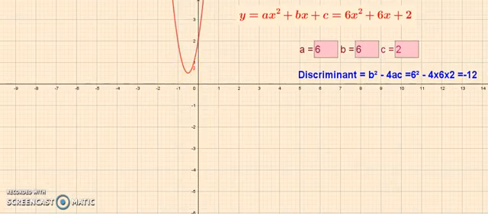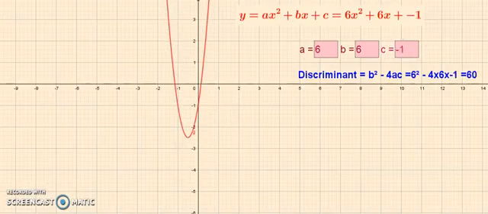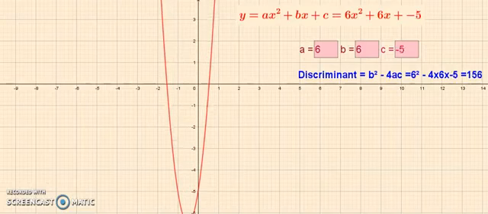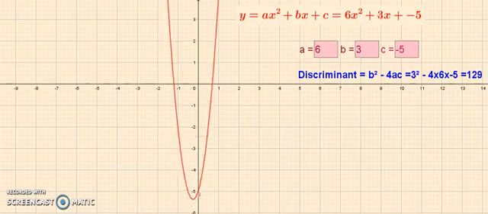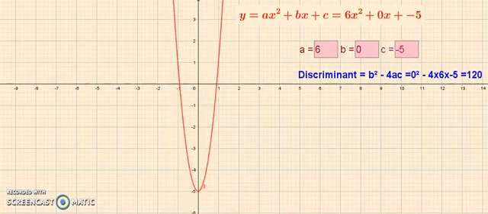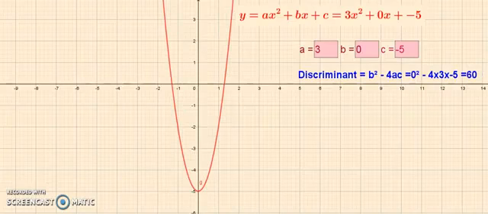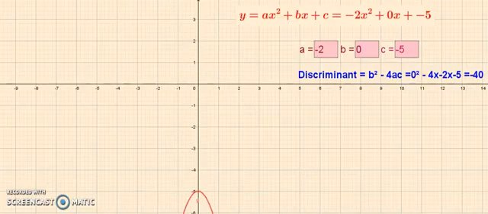Let us observe a few more cases. Is it every time? Now negative and not intersecting. Negative, not intersecting. Positive, it intersects at 2 points. Positive. Negative.